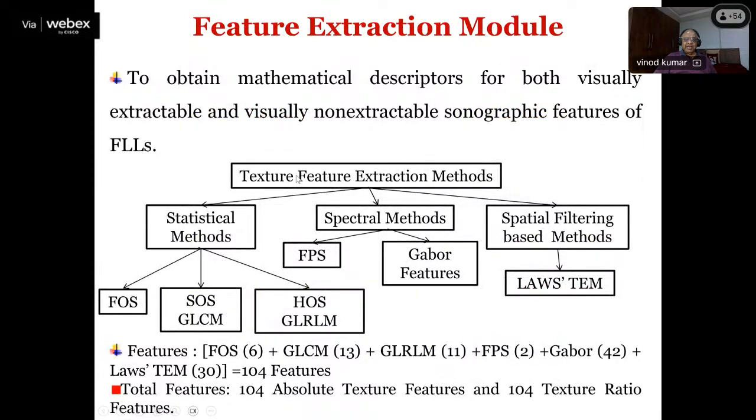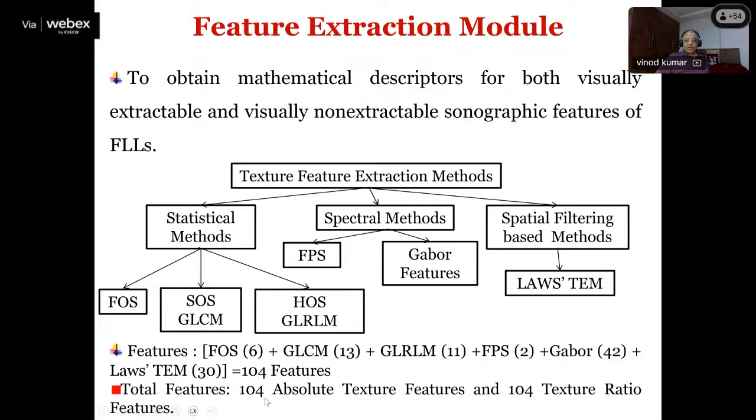So what we did for this study, again, we did statistical features: first order statistic, second order, higher order, spectral, that is frequency domain, spatial filter, Laws filter. So we calculated 104 features. Now we modified our feature matrix. First order statistic 6. Again, we did the sensitivity analysis after having previous knowledge of which features are not contributing much.